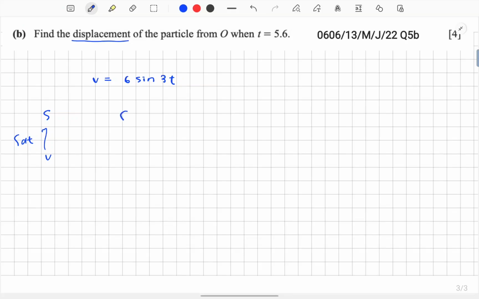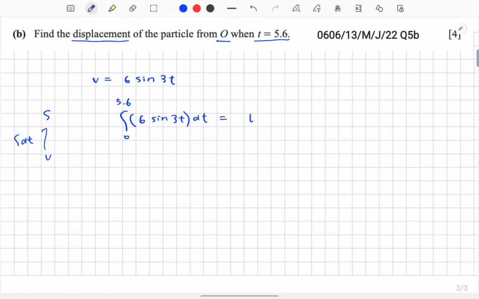So now we're integrating v, where we're integrating 6 sine 3t dt. We're given a time, so this is a definite integral. We want to find the distance it has traveled from the origin to t equals 5.6, and at the origin the time equals 0. So this is an integral from 0 to 5.6.